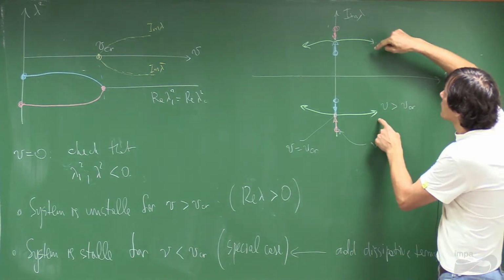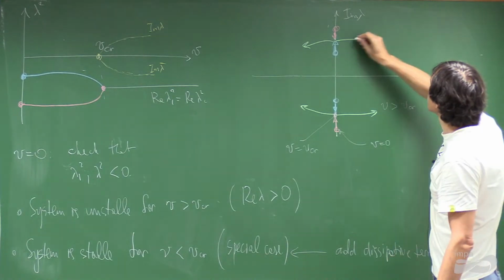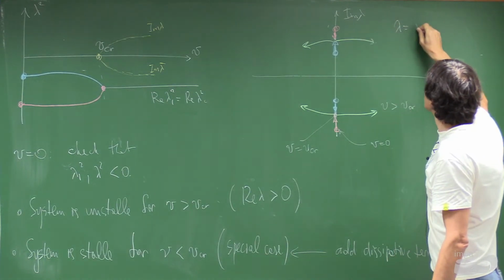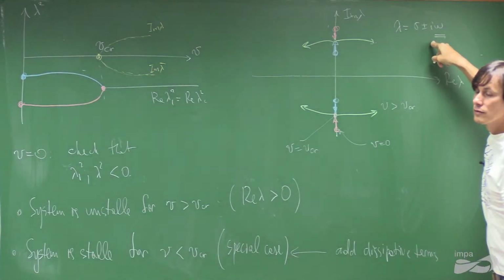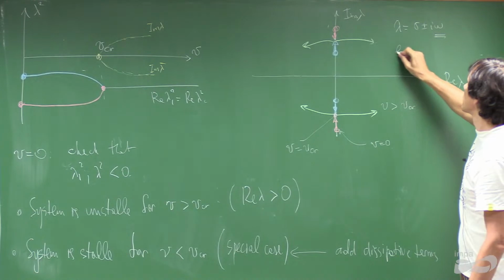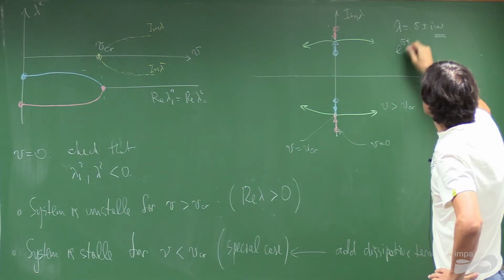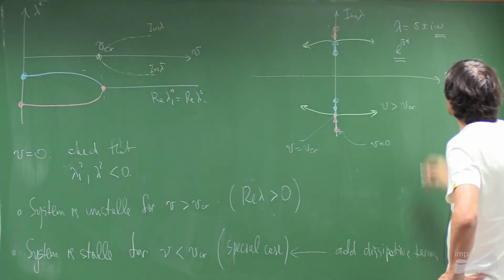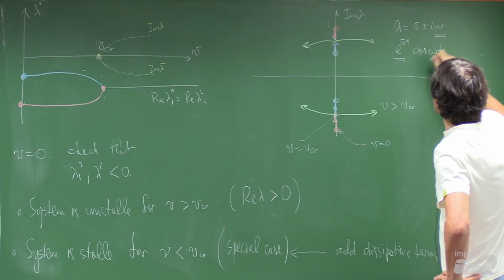But what you see is that since the eigenvalues have imaginary part, the growth of the oscillation will have an exponentially growing prefactor, but the omega will give you cosine or sine omega t.